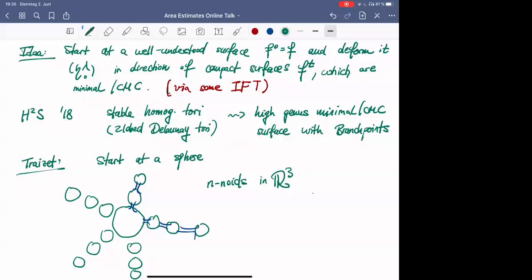And his approach is such that this doesn't need to be symmetric. So what we did was to put all these ideas together to obtain really a compact minimal surface, and a smooth one without branch points in S3.